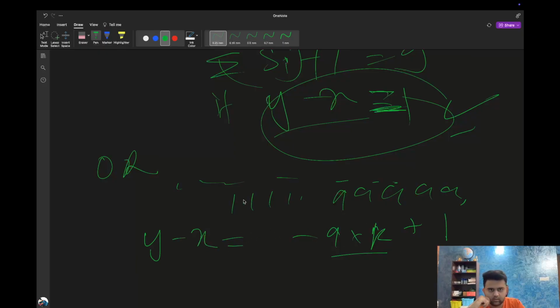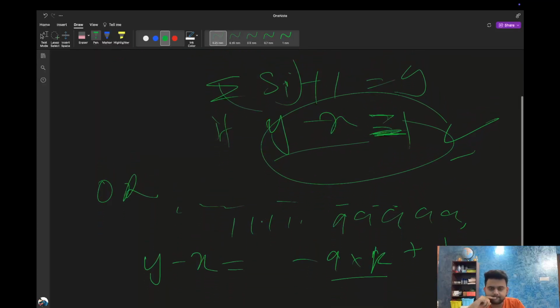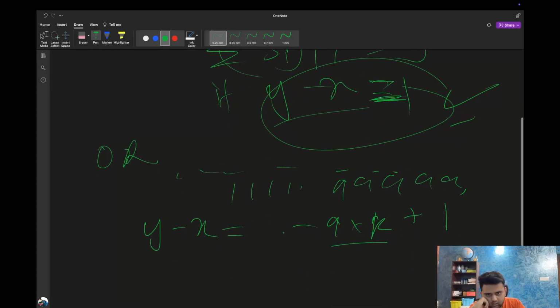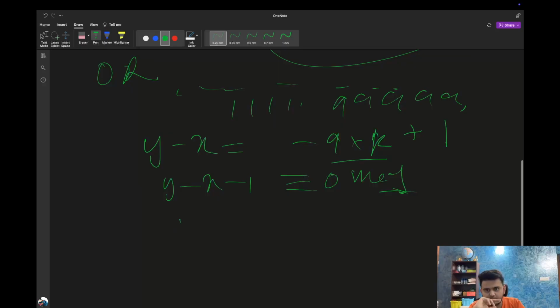So if the difference is of this form, if y minus x is equal to minus 9k plus 1, then that means y minus x minus 1 is congruent to 0 mod 9, and y is less than or equal to x.